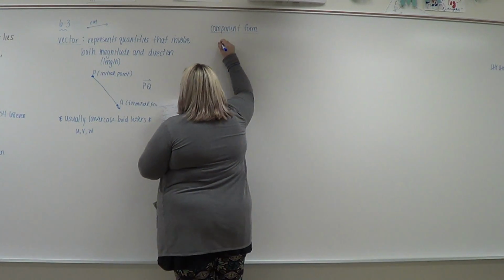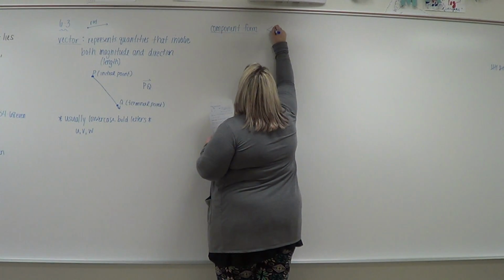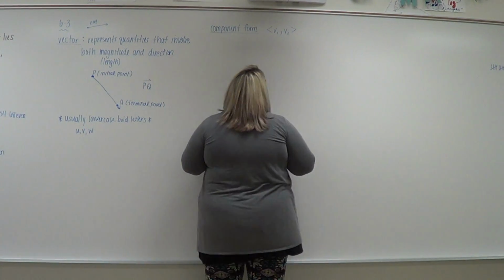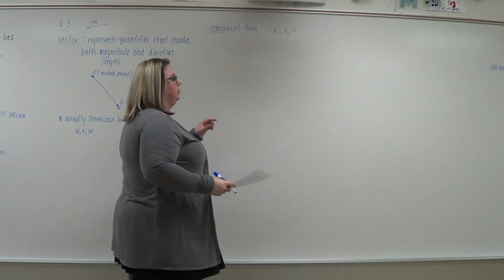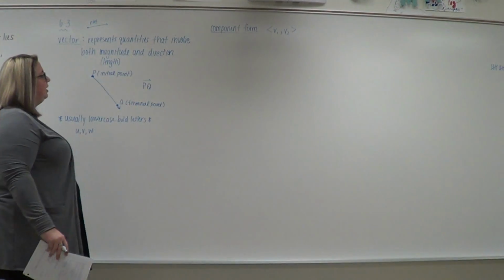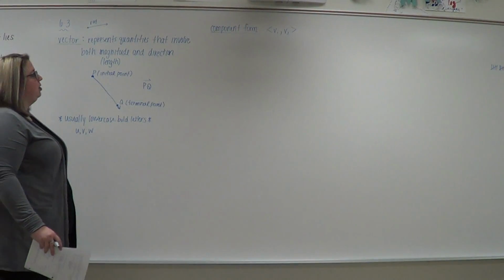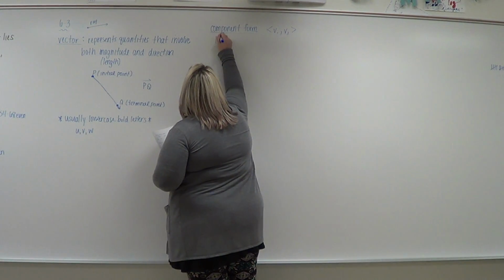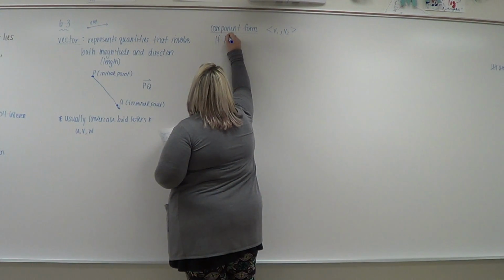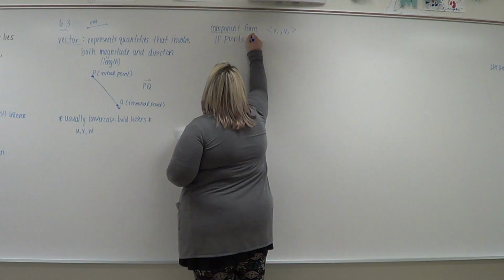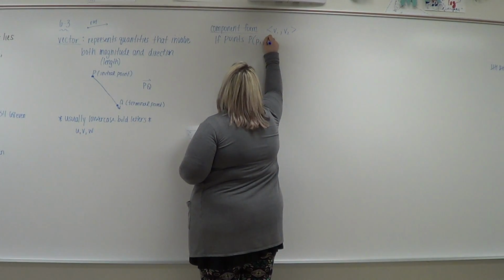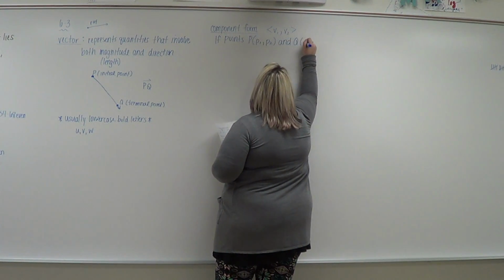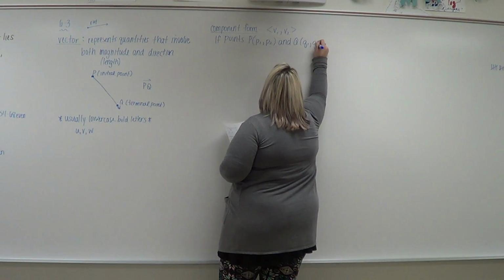Okay, component form of a vector. It looks like this. Okay, it's not parentheses. It's like the angle brackets, I guess. Okay, that would be the component form. How you find component form, let's say for these points, P, which is P1, P2, and Q, which would be Q1, Q2.